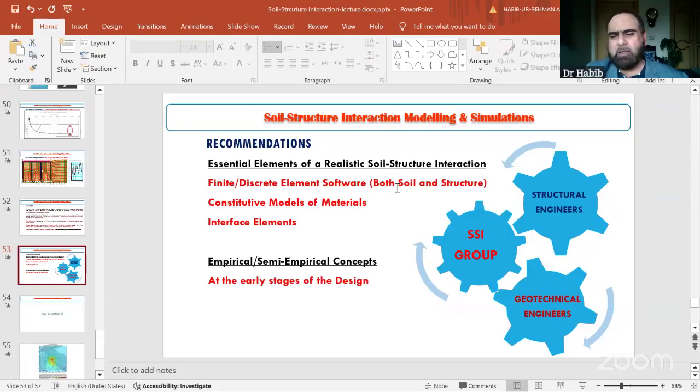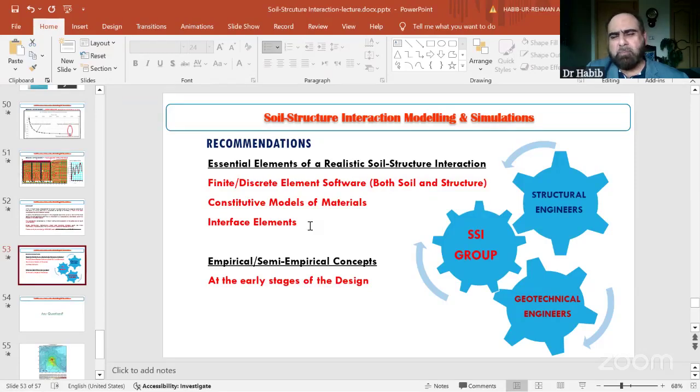That is the first trait required. Then it should have enough constitutive models of materials that can represent all different types of soils, covering the complete spectrum of soils and rocks, and even the structural elements as well.